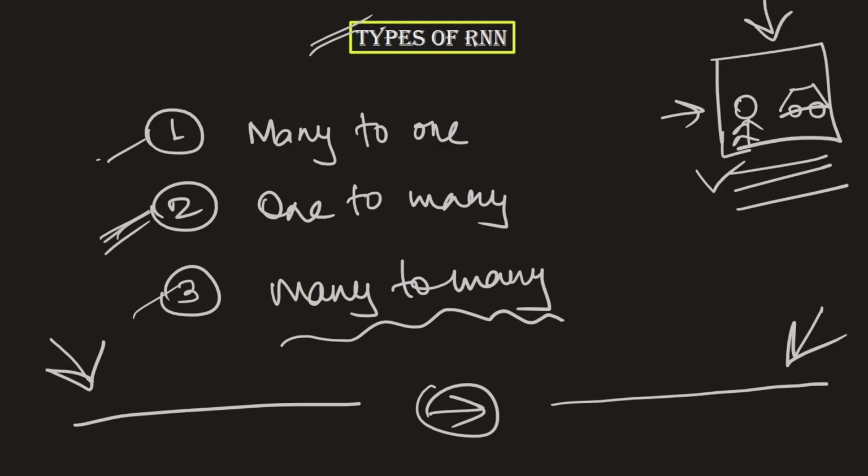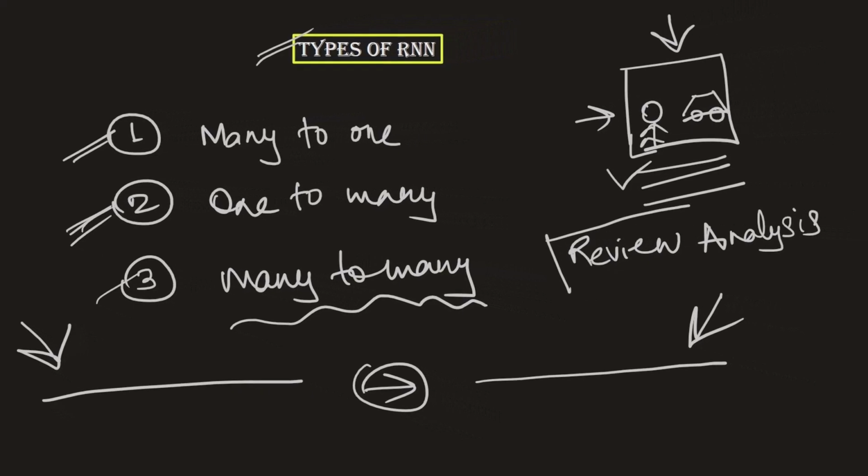And this is an example of one-to-many type of RNN. And then we have many-to-one type of RNN. A perfect example of this type would be a model that can do review analysis. If you have ever worked on an NLP project where the problem statement is around review analysis, then you will understand what I'm saying. With this type of model, in the input you will provide many words, like the food was really good in the restaurant, the staff behavior was also very nice.